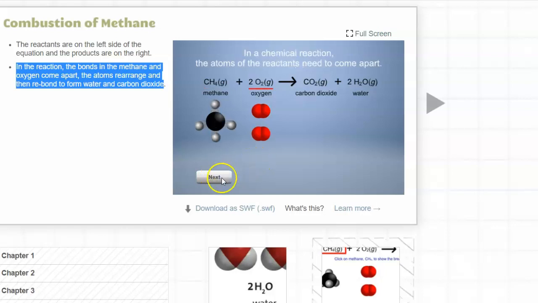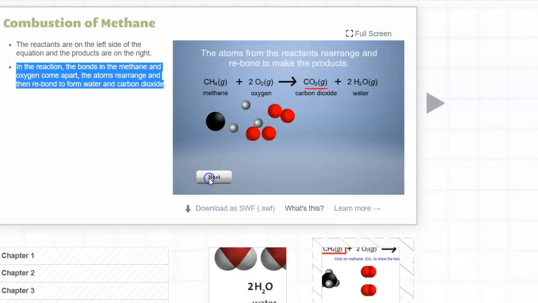See, they're breaking apart. And now they're going to go through a chemical reaction and they're going to form carbon dioxide and water. Let's watch. Okay, so it looks like the 4 hydrogens split off of the carbon over here, and then they bonded with a couple of the oxygens.